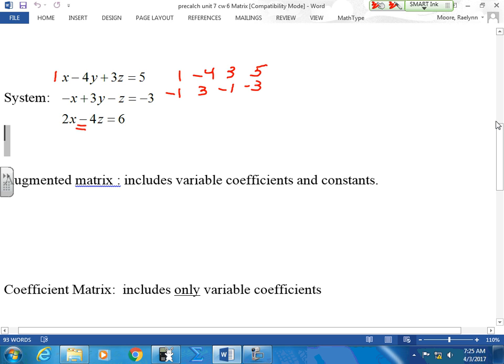So you have to remember to put a 0 in here. 2, 0, -4, 6. This is called an augmented matrix, because it has the coefficients and the constants. Right here, these are your constants. These are your coefficients.